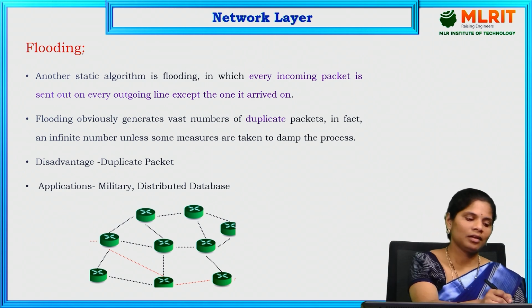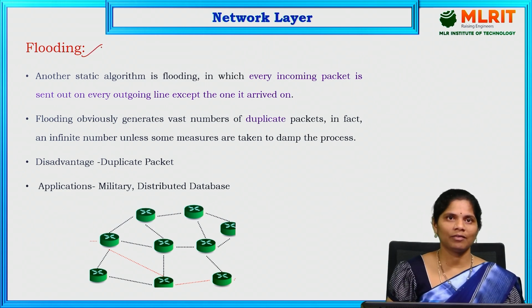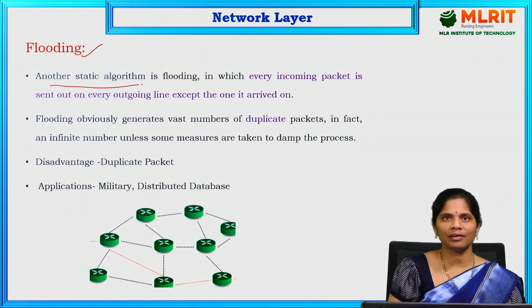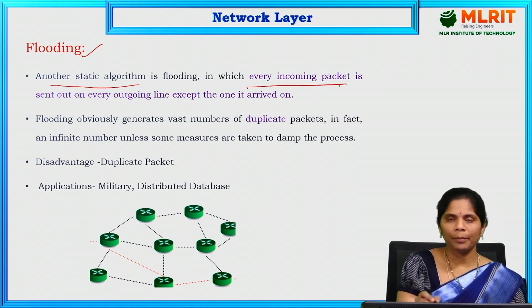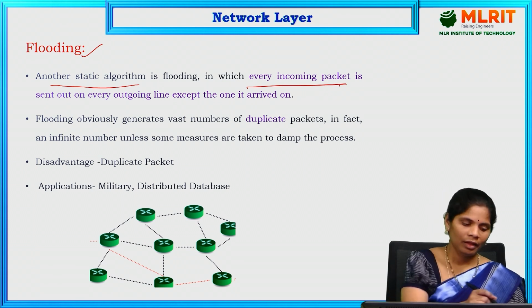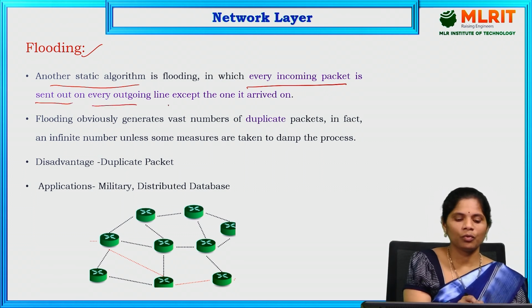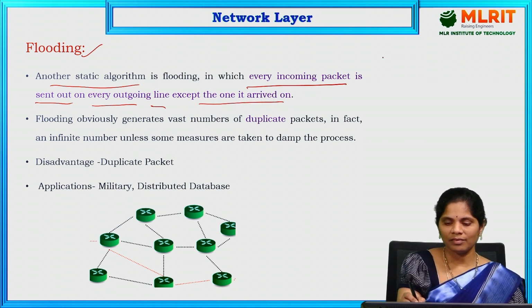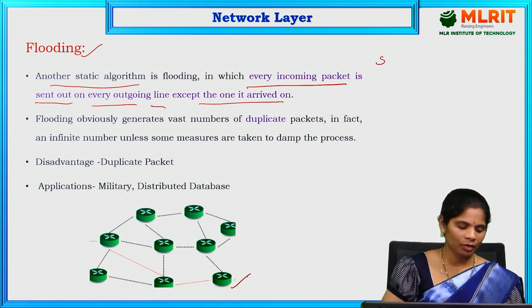And next one is the flooding algorithm. This is the second one in the static algorithm. See here, it is another static algorithm. Every incoming packet can be sent out to every outgoing line except the one it arrived on. Suppose this is the sender and receiver. See this example. Here is the source.